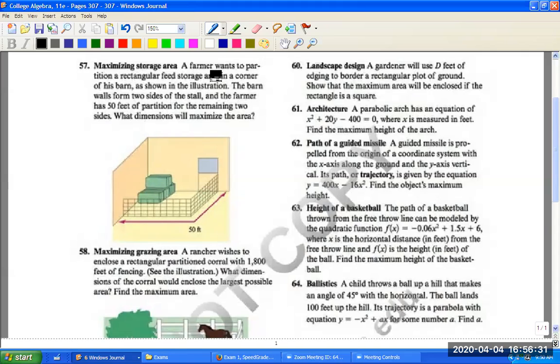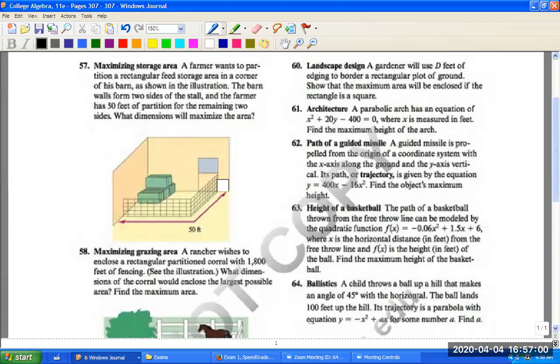So a farmer wants to partition a rectangular feed storage area in the corner of his barn, as shown in the illustration. The barn walls, so these barn walls, form two sides of the stall. The farmer has a total of 50 feet of partition for the two remaining sides. What dimensions will maximize the area?